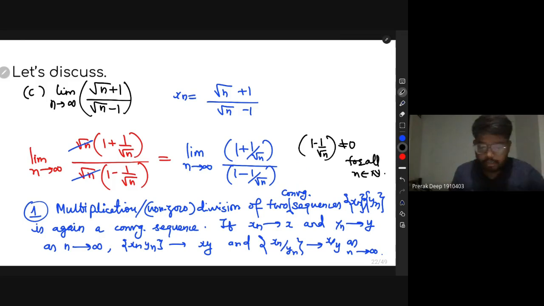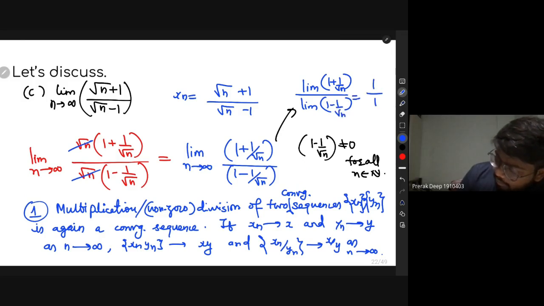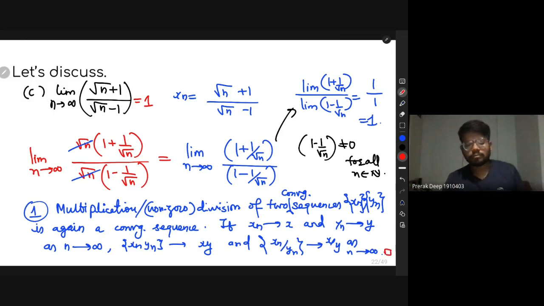So I can apply this fact. The limit will be the limit of this divided by the limit of this, which is 1 over 1, which is 1. So this completes the proof of the C part.